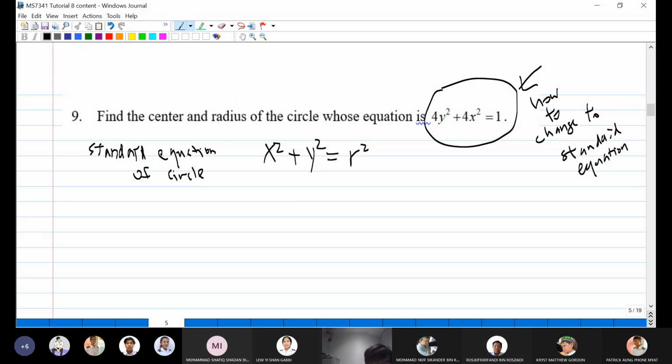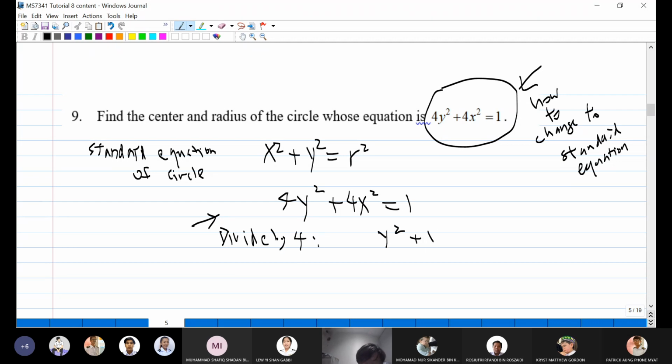From 4y squared plus 4x squared equals 1, the problem is this is r squared, not 1, right? So you divide both sides by 4 first. So you get y squared plus x squared equals 1/4. But y squared plus x squared is also the same as x squared plus y squared. So 1/4 is half squared.